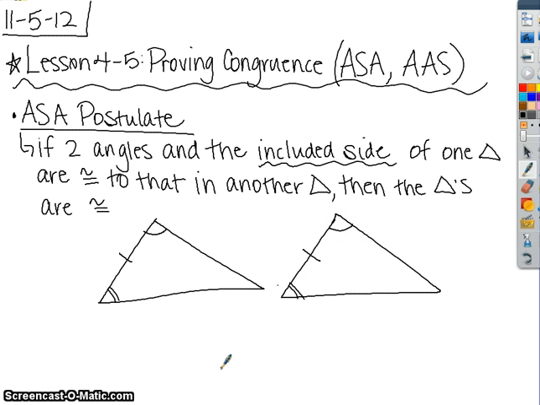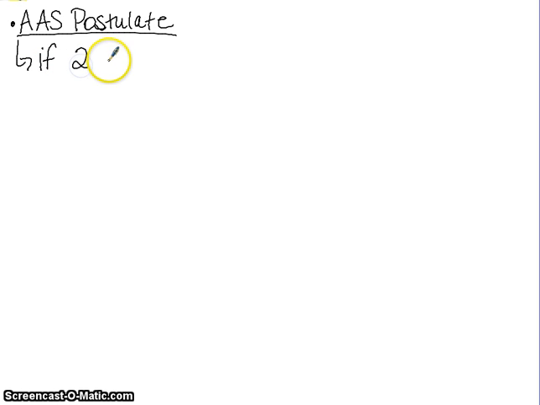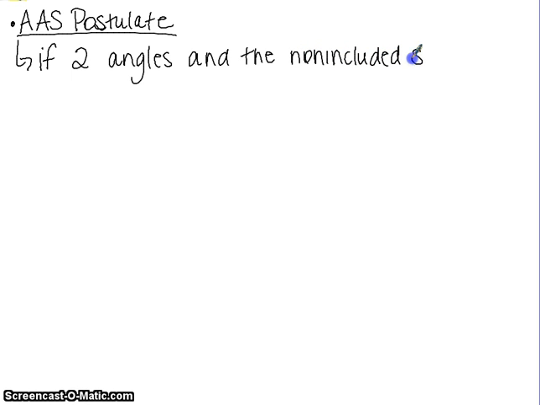Okay? The next one is the AAS postulate, or angle, angle, side. And this one states if 2 angles and the non-included side, again, we'll get to that in a second.